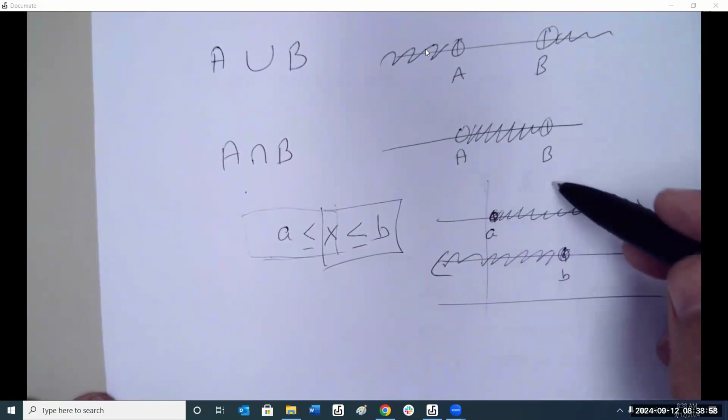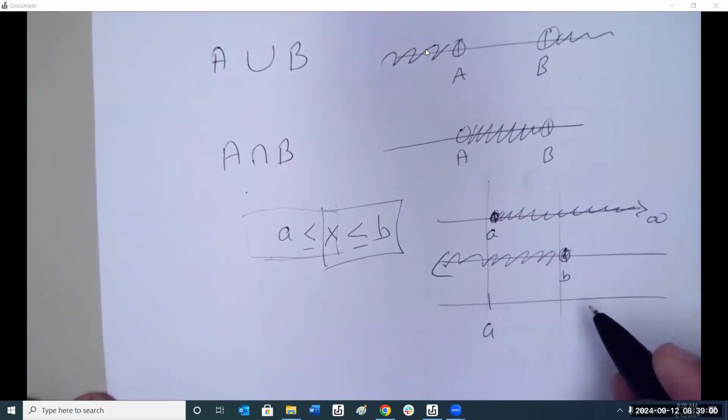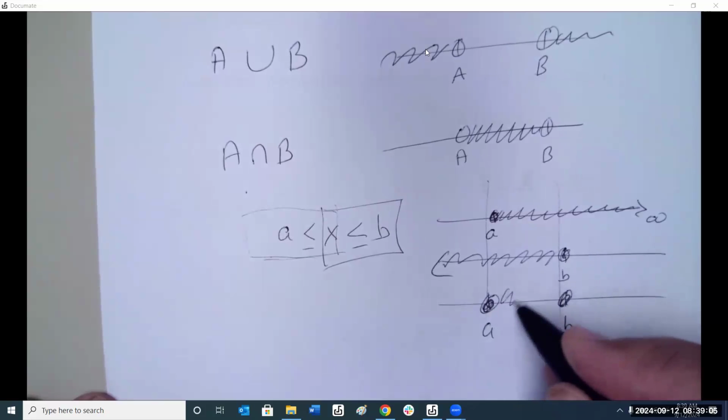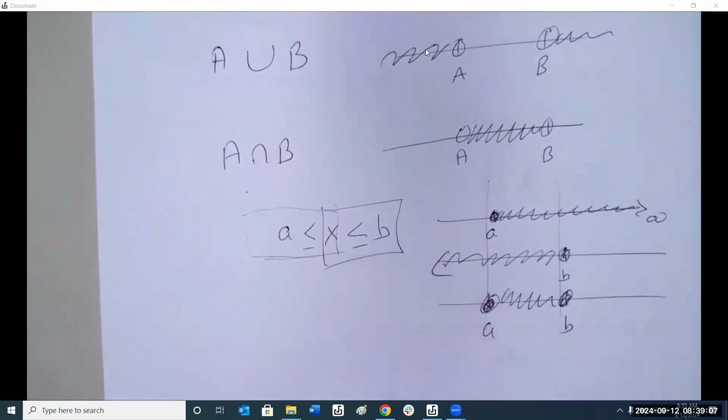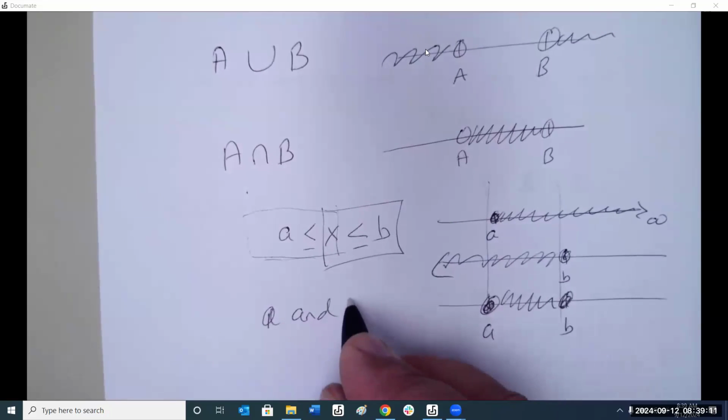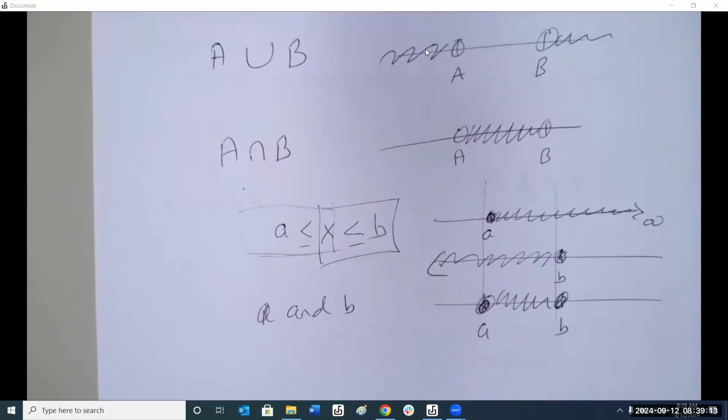We only want where they intersect. Which is why that's what it is. And this is the A and B. Still simple?